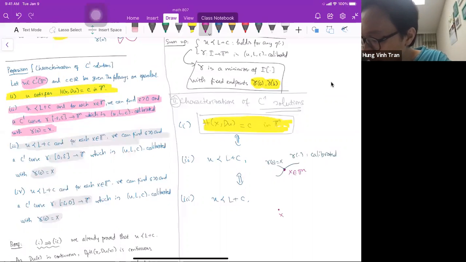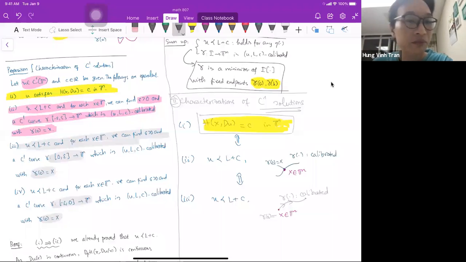So this is x in the torus, but your calibrated curve is only going halfway. Okay, so this is gamma 0, and your gamma is calibrated. Remarkably interesting, and again, this is actually one of the very important points in the whole course, because we are talking about dynamics of the curves.